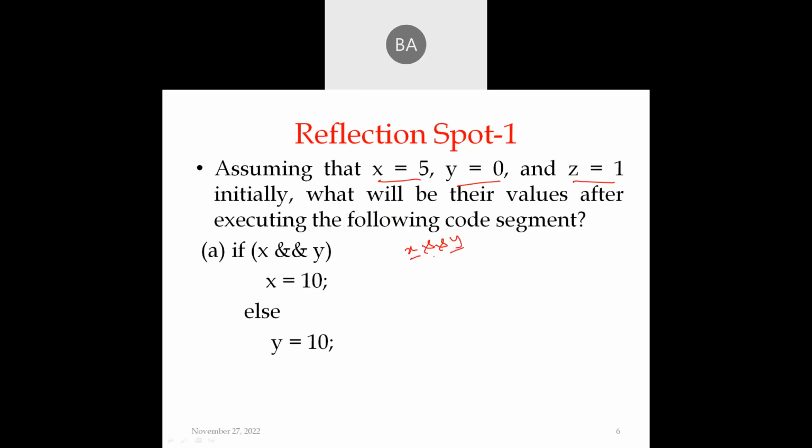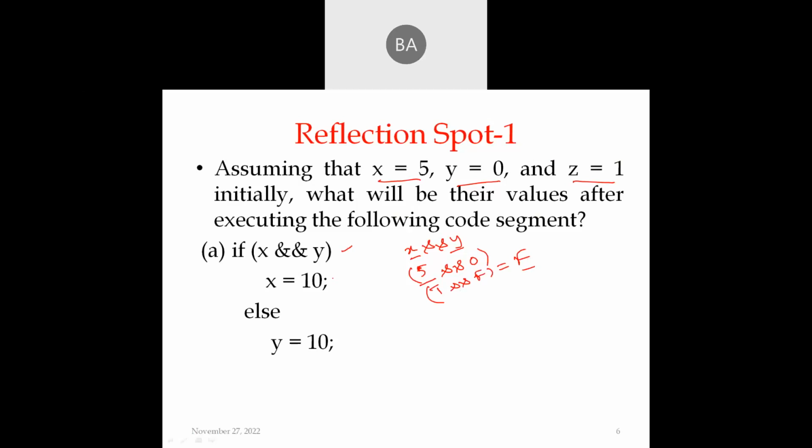You can answer this question based on when the condition is said to be true and when the condition is said to be false. So what is the value of x? 5, logical and, y value is 0. Is this condition true or false? 5 means it is true and 0 means it is false. True and false is false. So this condition is false.